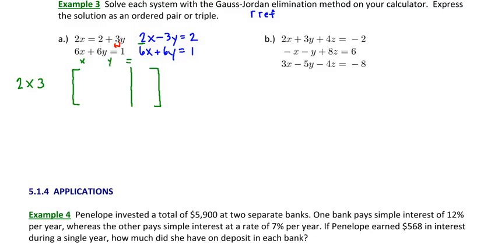The vertical bar represents equals, and we're going to put the constants on the right side. So in row 1, column 1, we pick up the coefficient of x, which is 2. Next, we have -3, and then in the augment, we'll have a 2. For row 2, we'll pick up the coefficients of equation 2, so we have 6x plus 6y equals 1. So that is our augmented matrix, which represents the original system.